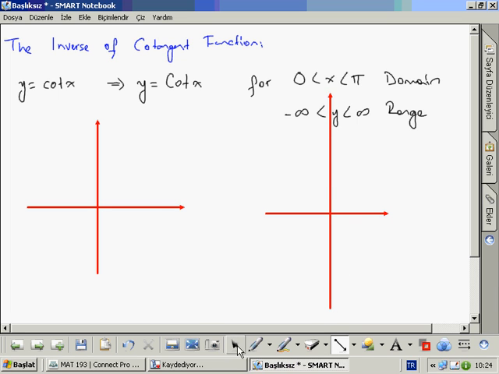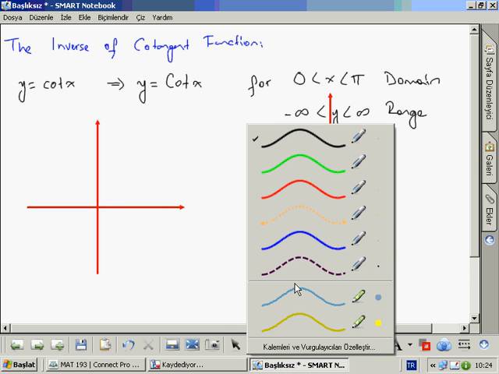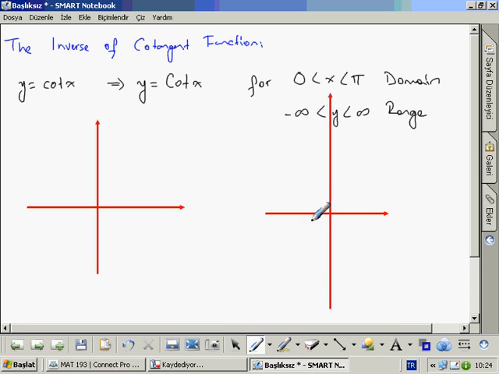Okay, and then firstly sketch the cotangent x.